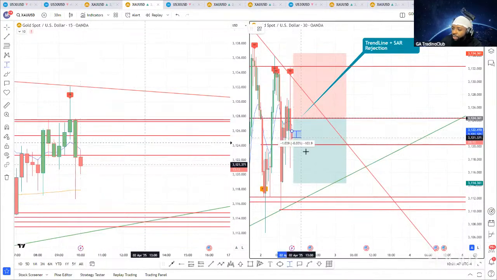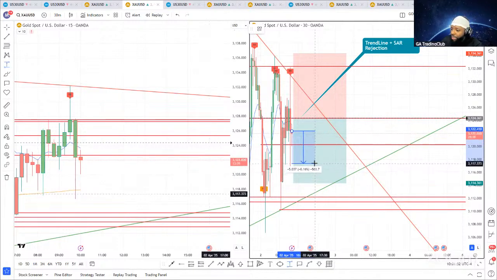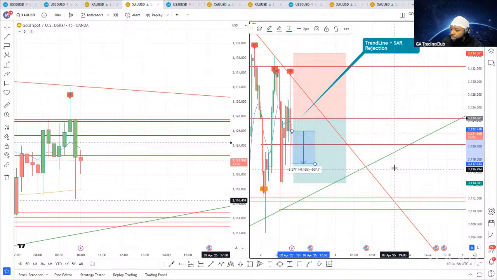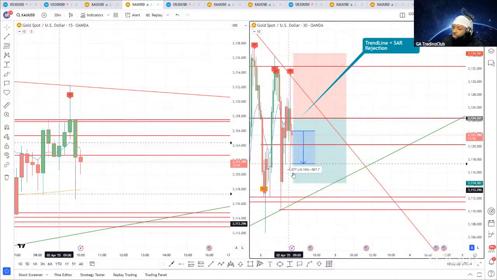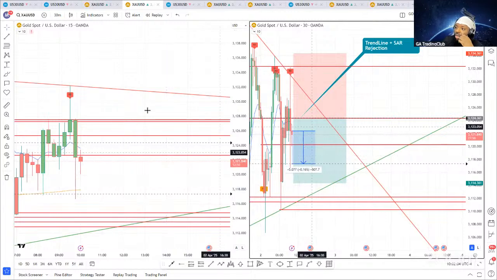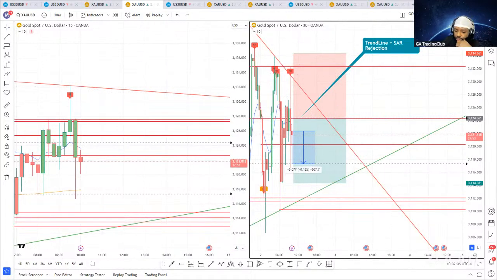So our TP would be $10. We don't want price to get to 50% of our take profit first before coming back to tap us in. So I will add an alert here, and then I will move to the US 30 chart for the rejection scalp because I think we are about to get it.